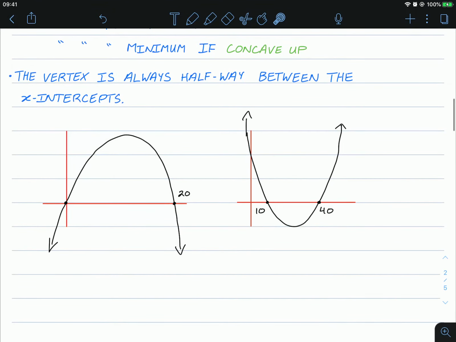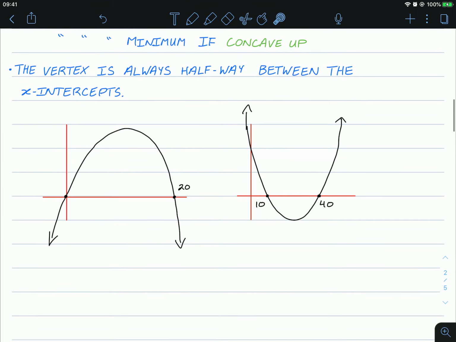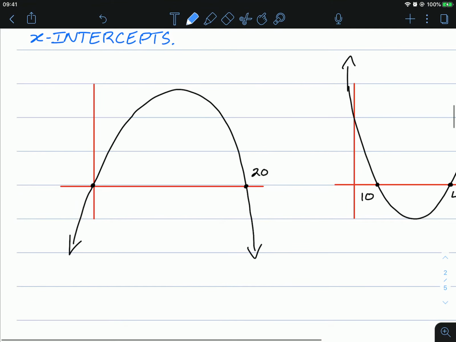And lastly, the vertex is always halfway between the x-intercepts. So for example, since we can see that it starts on 0 and hits the x-axis again at 20, this is a distance of 20. Halfway would be 10. So the vertex here, even though it's drawn improperly, that would be 10.